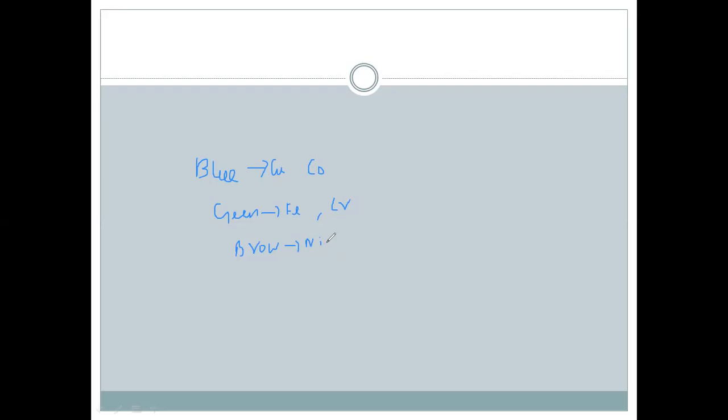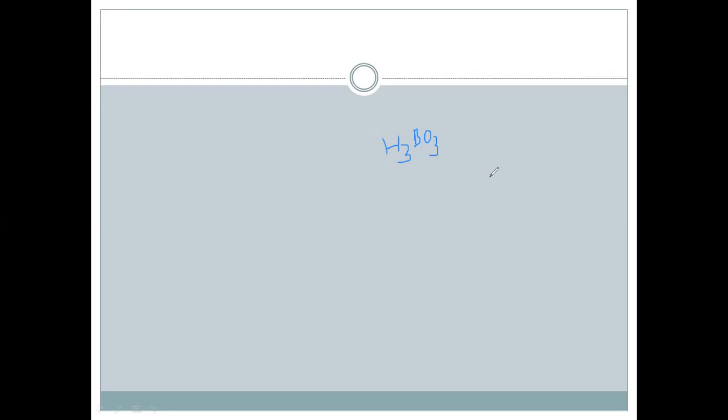Now, another important compound is boric acid. Boric acid is H3BO3. Note it. Now, how to prepare it? Borax, you treat with sulfuric acid solution.